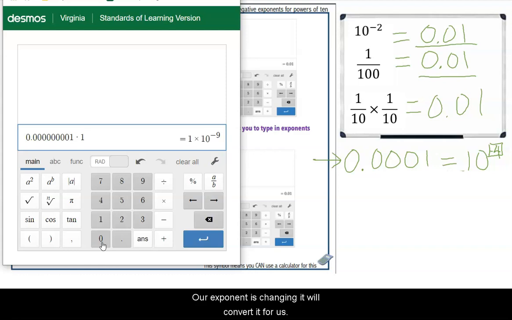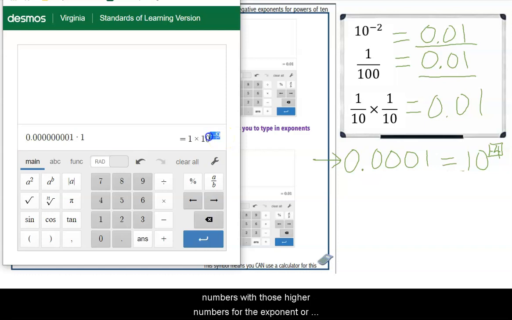It will convert it for us. So what does that tell us? The smaller exponents we probably need to be able to memorize how to do, moving the decimal point. But for the smaller numbers with those higher negative numbers for the exponent, Desmos can be a useful feature.